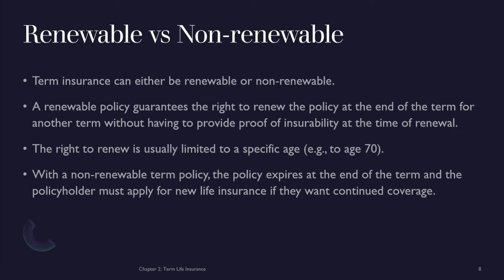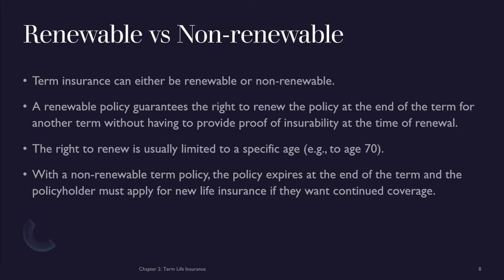Term life insurance policies also have a renewable or non-renewable feature. So they can be either one. A renewable policy guarantees the right to renew the policy at the end of the term for another term without having to provide proof of insurability at the time of renewal.